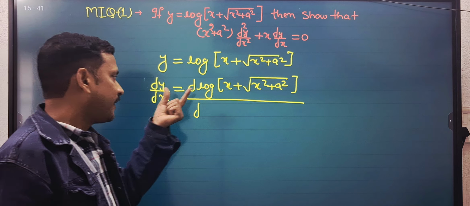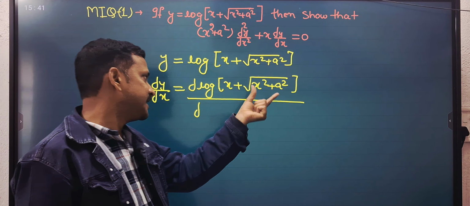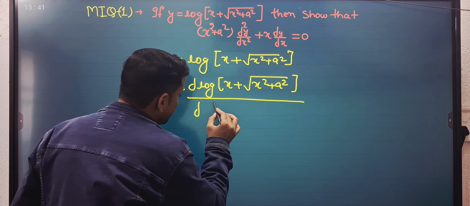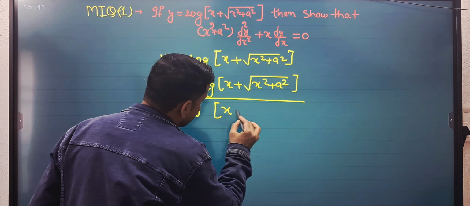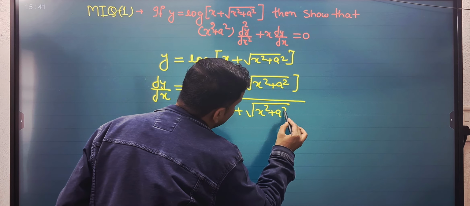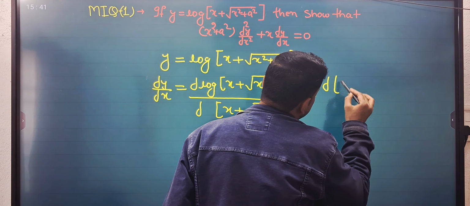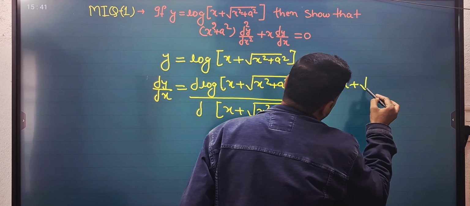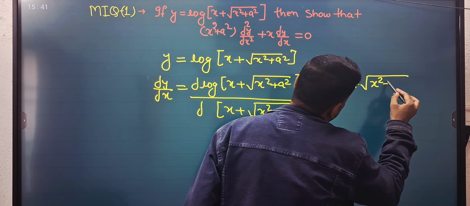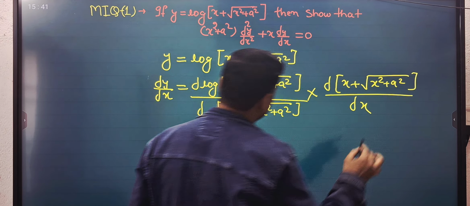But instead of x, there is x plus root under x square plus a square. So by the chain rule, here I have to write x plus root under x square plus a square, and here I have to differentiate this term, x plus root under x square plus a square, again with respect to x.